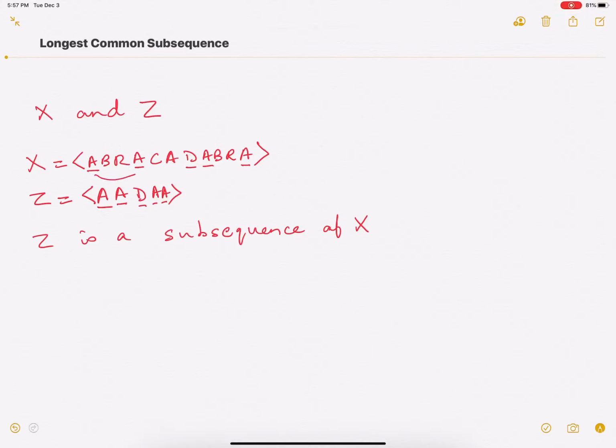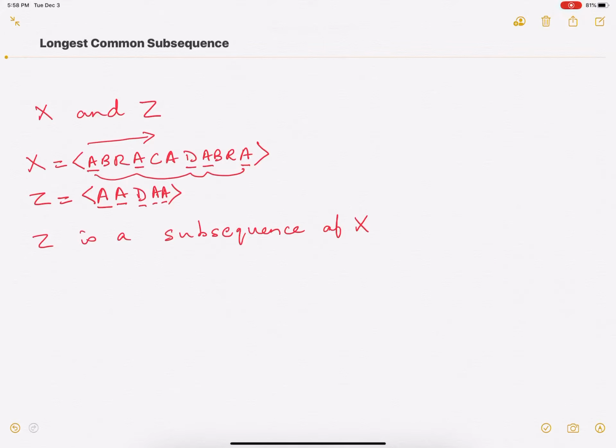So these 5 characters form the subsequence. In a subsequence, you can only move continuously in one direction. You can't move back and forth. It's not like finding whether these 5 characters are present in X. These 5 characters must occur in X, but only in that one direction, moving all the way from left to right.